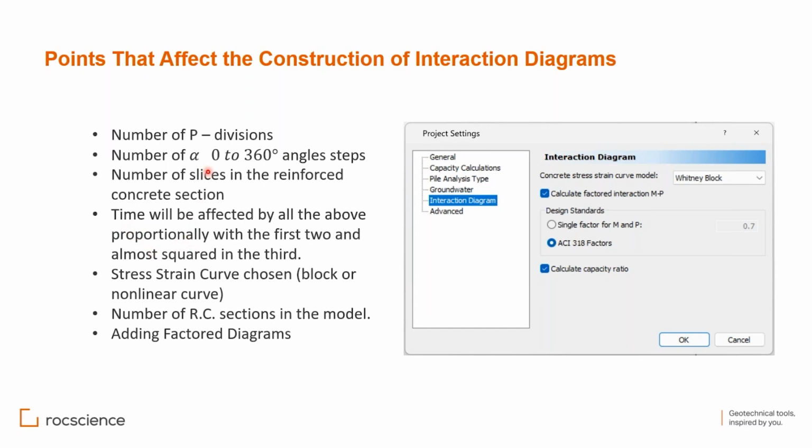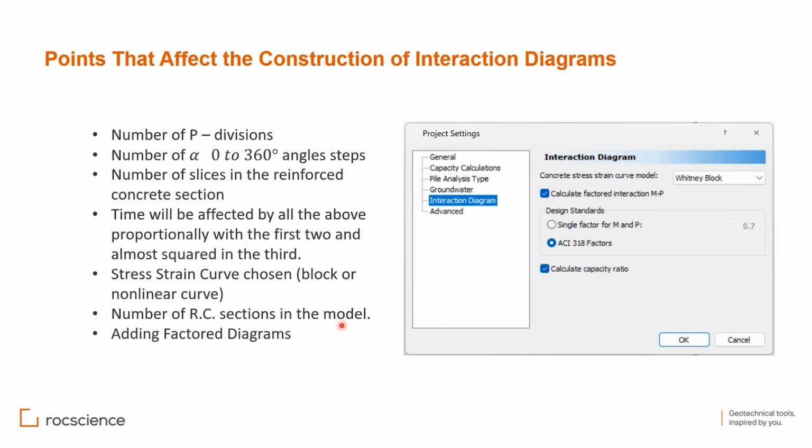Time will be affected by all the above, as I said. The stress-strain curve chosen affects your results, of course, whether the block or the nonlinear curve, the Whitney block or the Ogdenstadt method. Then the number of reinforced concrete sections in the model. If you have one reinforced concrete section, it's less time, of course, than if you have like 20, 30 sections.